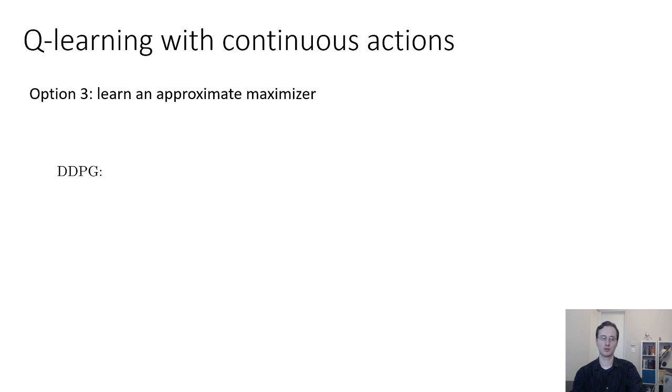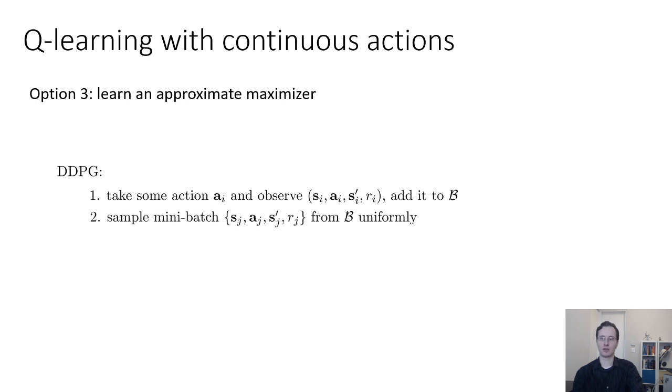So here's what that algorithm would look like. Step 1, take some action ai, observe the corresponding transition si, ai, si prime, ri, and add it to your buffer, just like in Q-learning. Step 2, sample a mini batch sj, aj, sj prime, rj from your buffer uniformly at random.